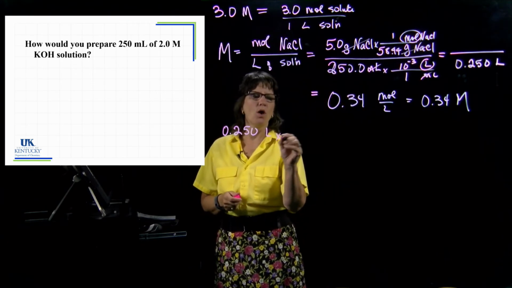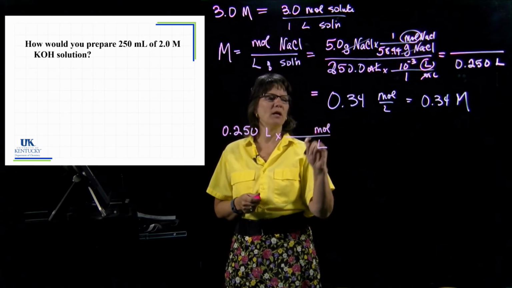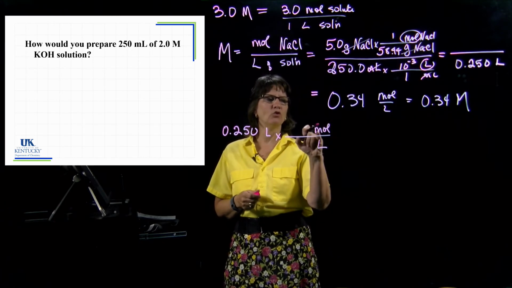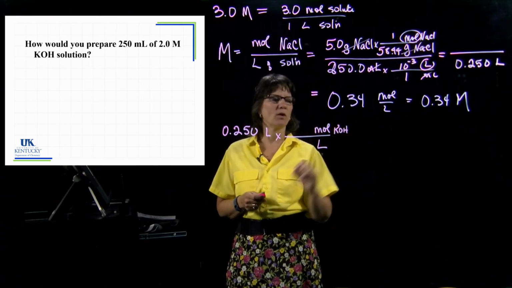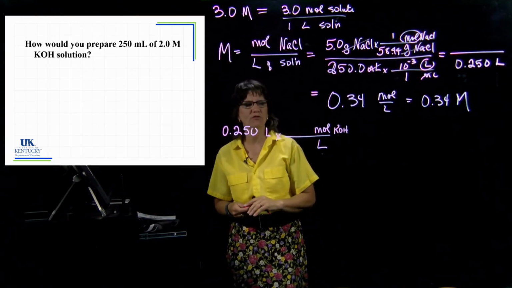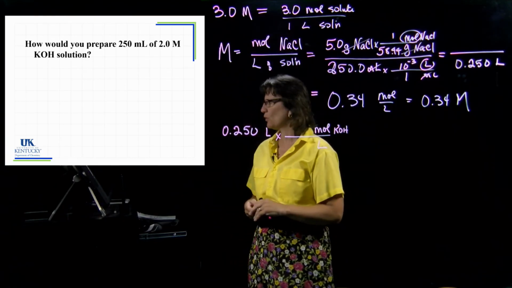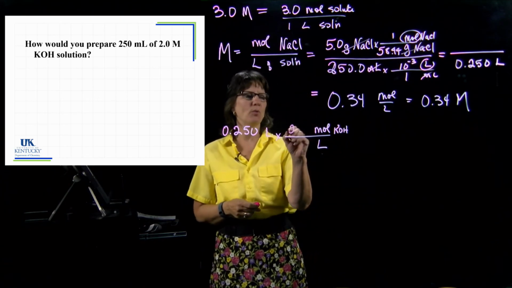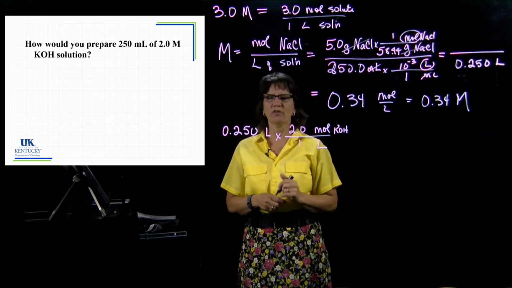But I don't want liters. I know that molarity is a tool that will get me from liters canceling to moles, and this is moles of KOH. So this is going to get me from liters to moles of KOH. That's what I can do with this molarity. So I will put the 2.0 moles here and the liter here. And now I have moles of KOH.